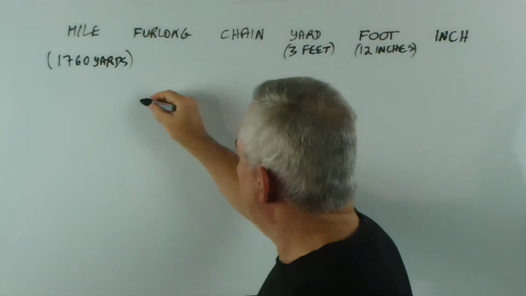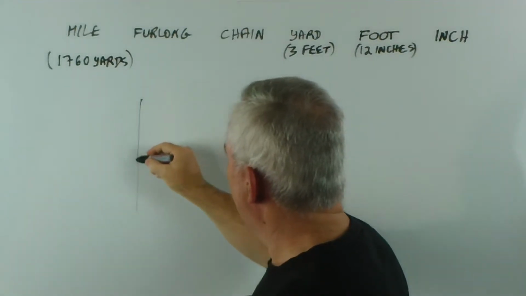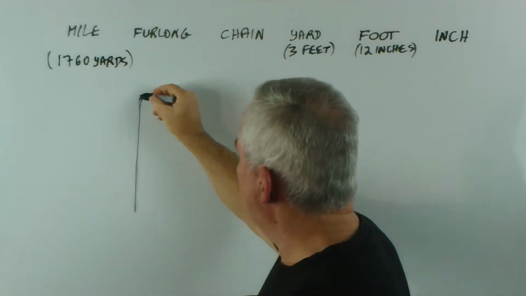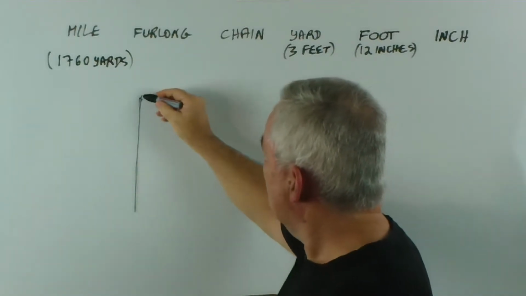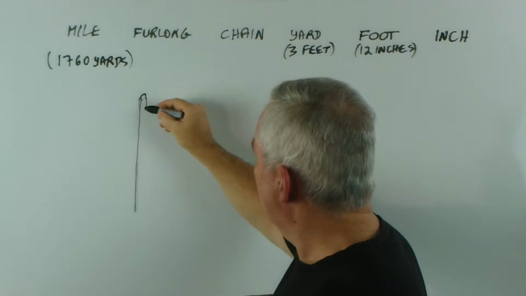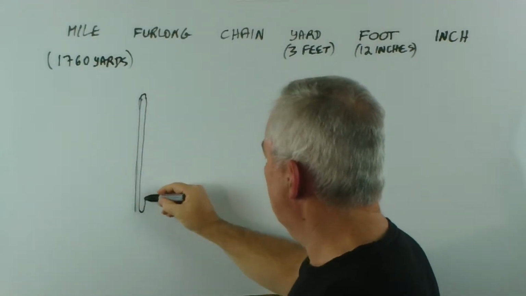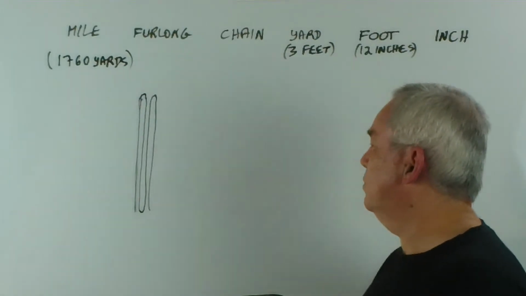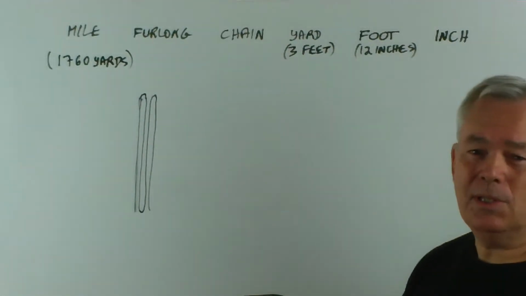But there was a distance used, particularly in England, for farming, where the oxen would plough a furrow and then turn and plough back and turn and plough again. Now, why would they want to plough a long distance?